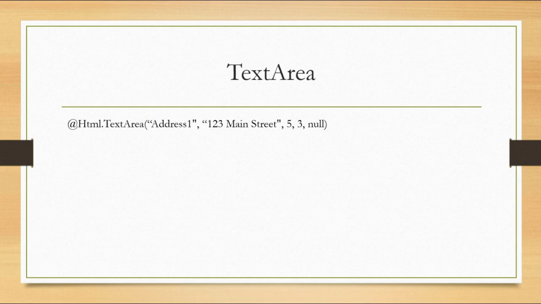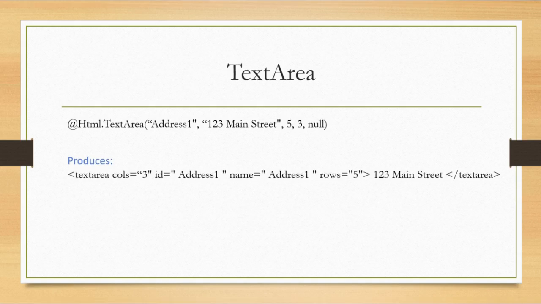TextArea, this is another HTML helper. We pass in the name, which is address1. We have 5 rows, 3 columns. TextArea is a bigger box, kind of like a text box, but expanded, so we can have a larger size.